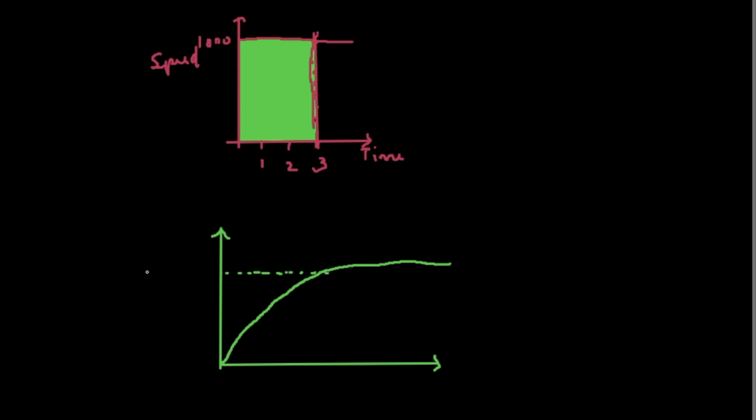This point right here is 1000, and this is the first hour, this is the second hour, and say this is the third hour. So you have calculated it for the 3-hour interval. At every instant the plane is accelerating.